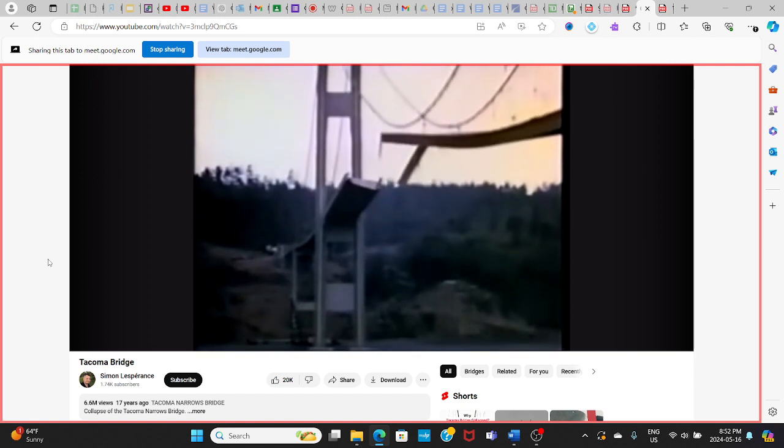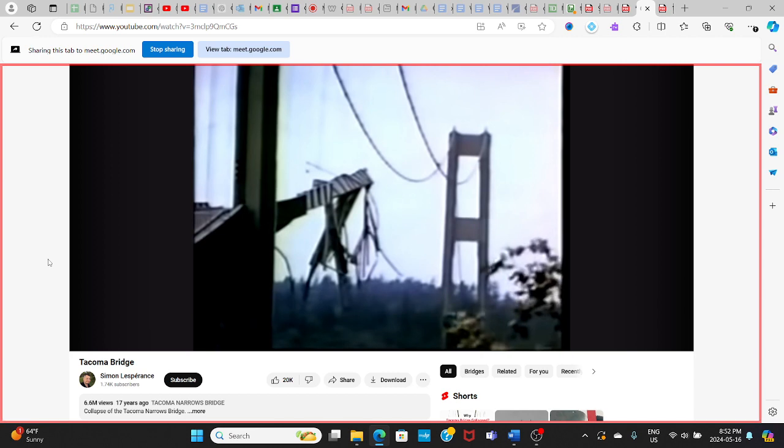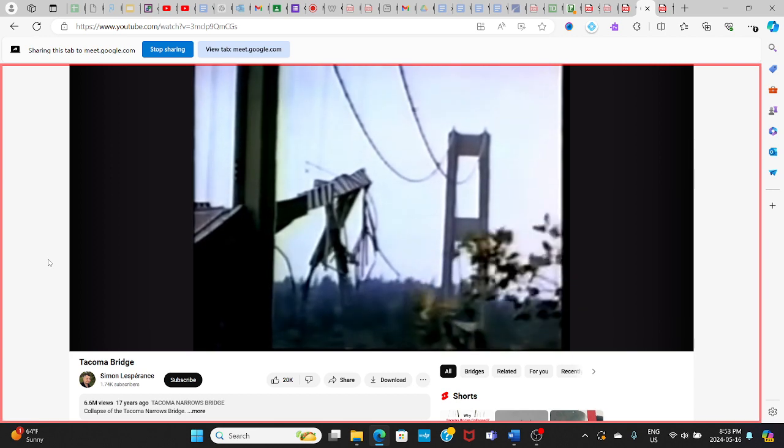The bridge was rebuilt using a stiffening truss instead of girders. The new bridge is completely stable.